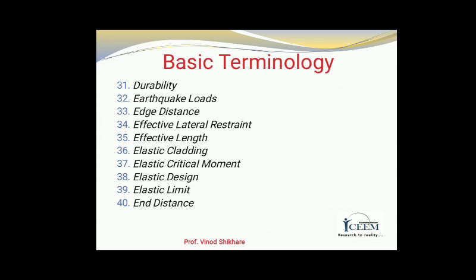Then next term is effective length. The actual length of a member between points of effective restraint, or effective restraint and free end, multiplied by a factor to take account of the end condition in buckling strength calculation. Next is elastic cladding. Cladding such as metal sheets that can undergo considerable deformation without damage.